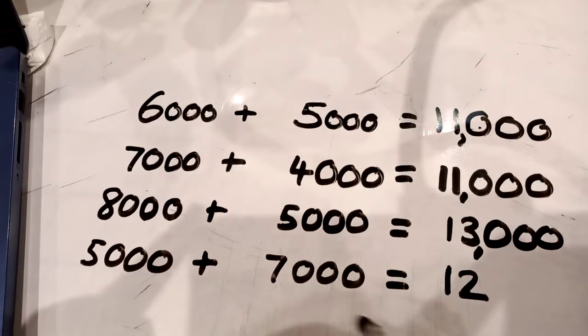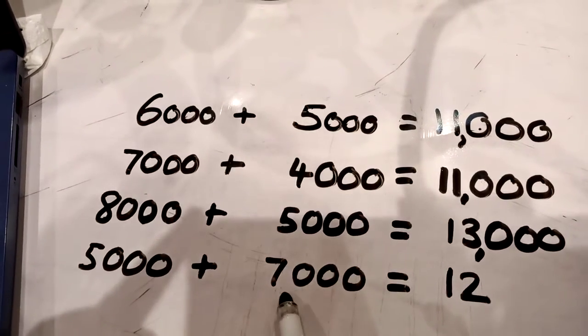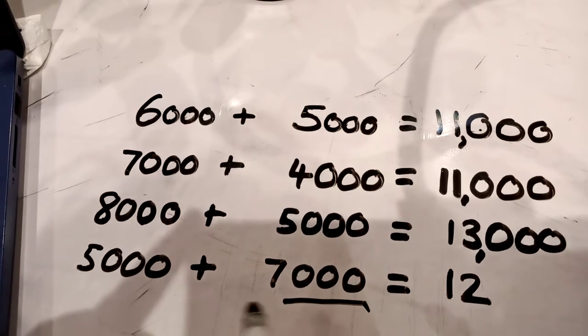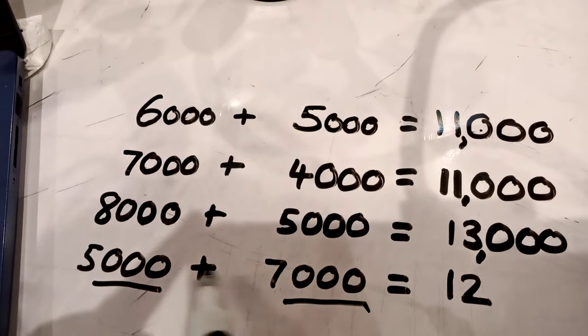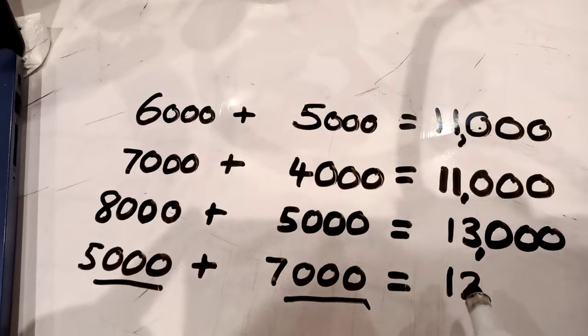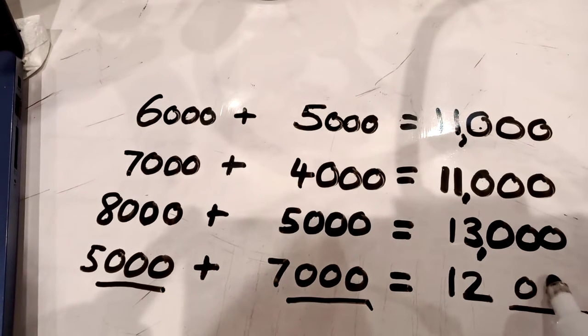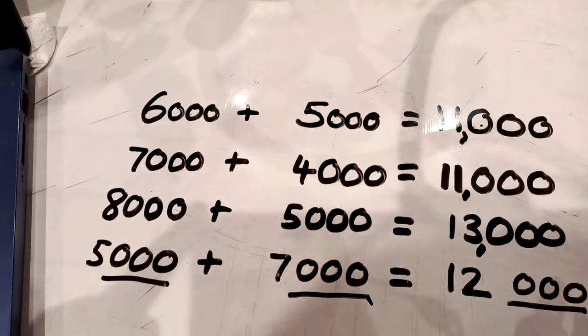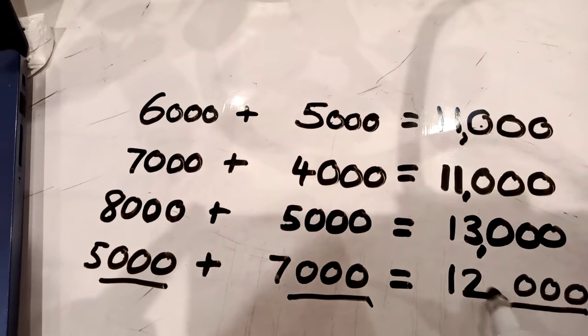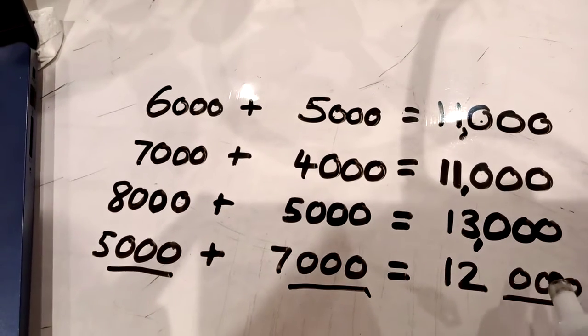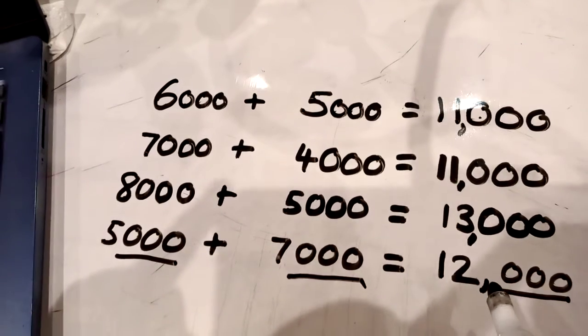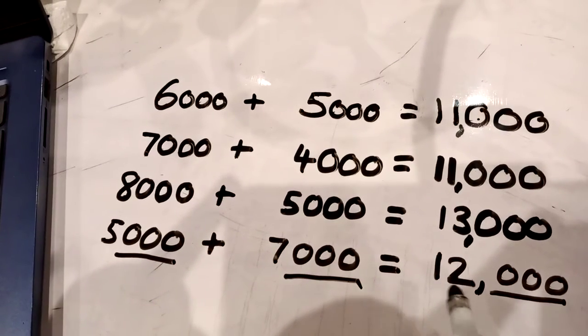And then make it 1,000 times bigger. So 12 made 1,000 times bigger would be that. And we've got to put a comma in because it's getting really big. 1, 2, 3. Because it's becoming an eyeful, that would be 12,000.